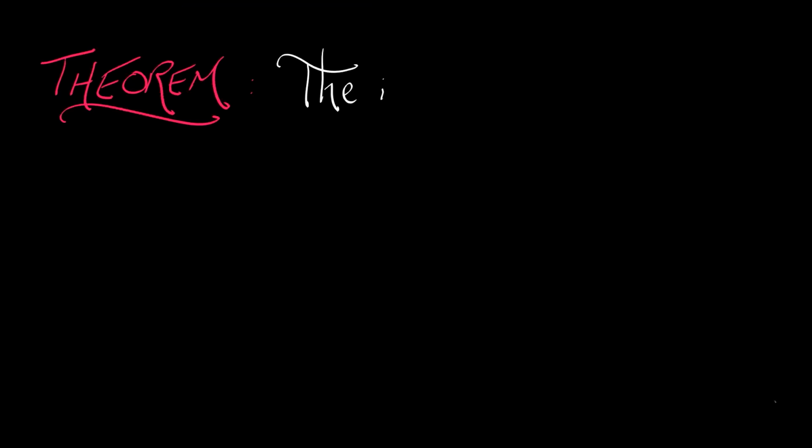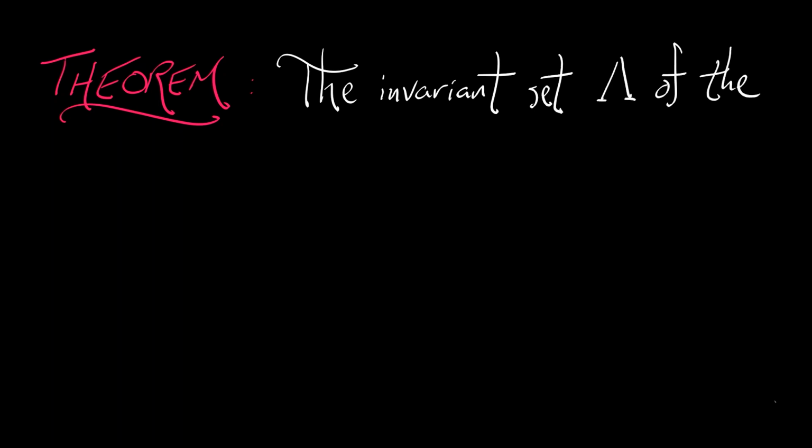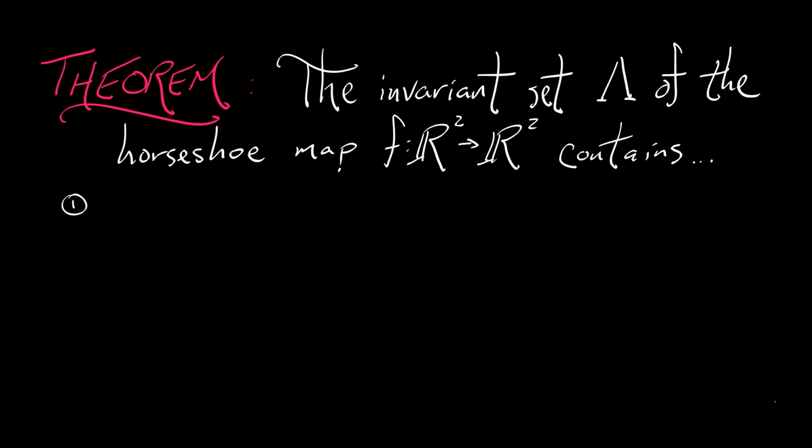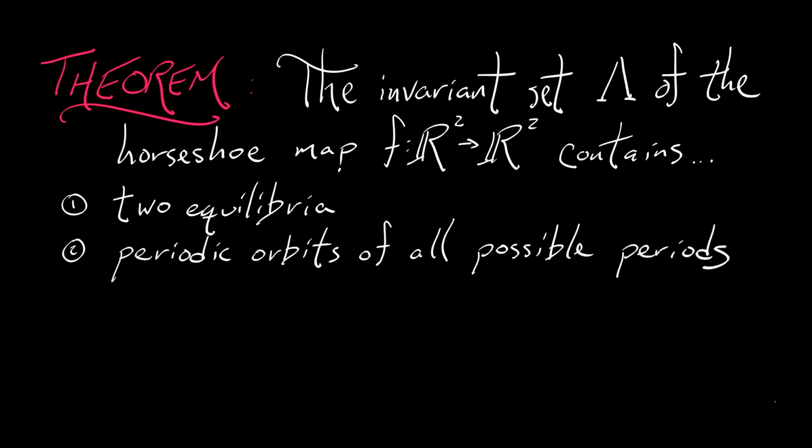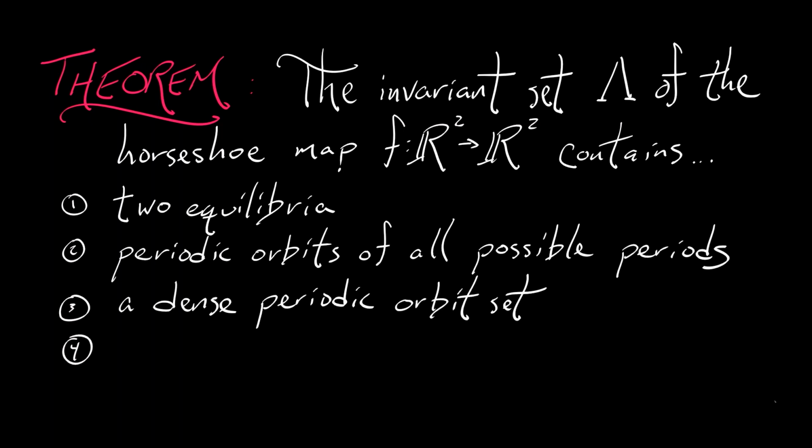Here is the theorem, the main theorem we're going to be working towards. This invariant set of the horseshoe map contains 2 equilibria, that part's not so bad, periodic orbits of all possible periods, a dense periodic orbit set, and a dense orbit, an orbit that visits as close as you like to all possible points in the invariant set.